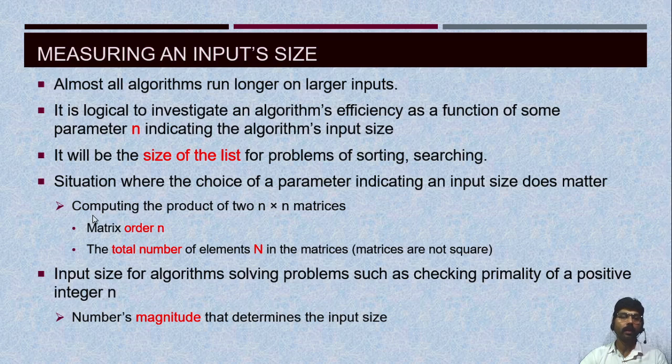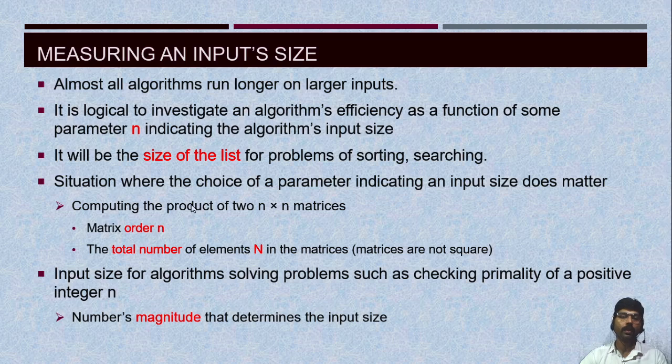The other option is that the input is the total number of elements in the matrices, that is capital N. Here, sometimes the matrices are not square. In that case, we have to consider the total number of elements in the matrices. In reality, we can easily switch from the first input to the second input, and from the second input to the first.